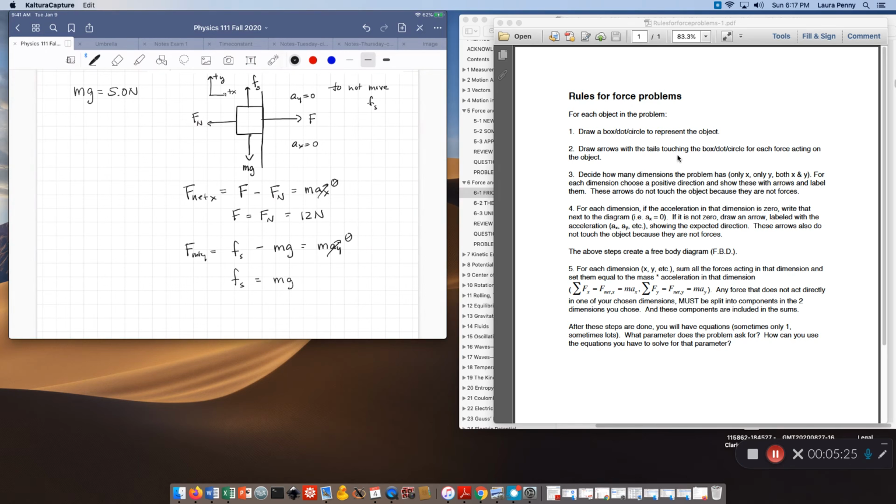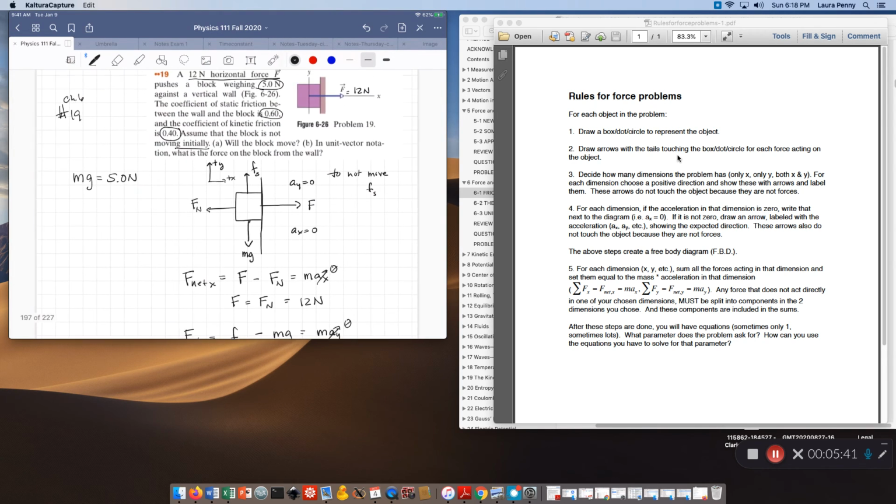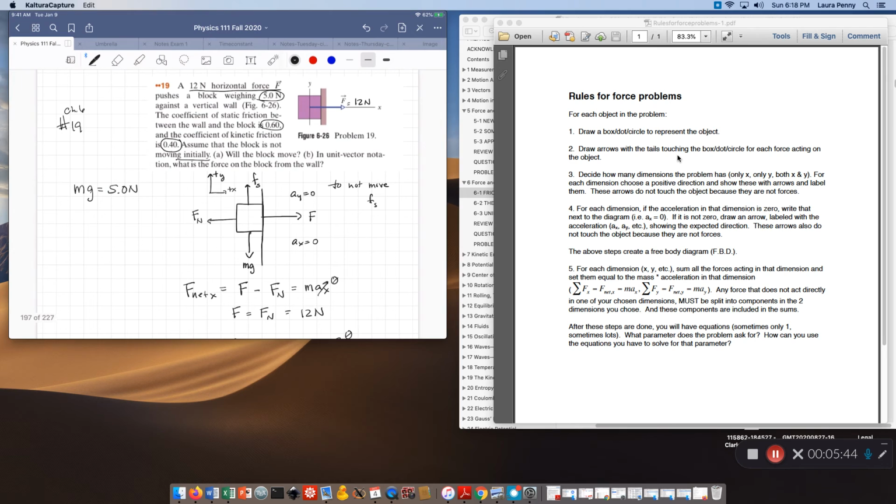So this is our 5 newtons. The maximum value that static friction can be is mu sub s times the normal force. Well, mu sub s, according to our problem, is 0.6.